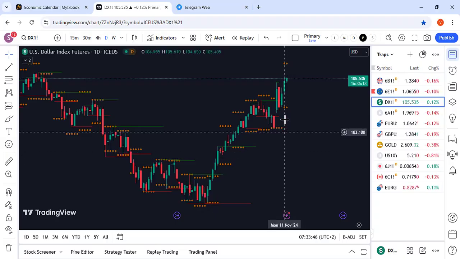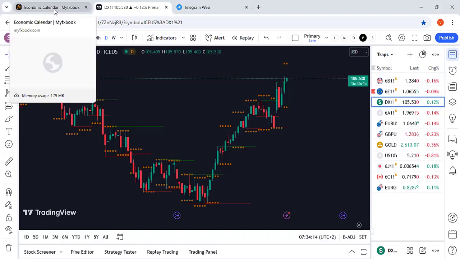We are expecting to sell, and we'll be waiting for them to take out Monday's highs, and then we'll start looking for opportunities to sell within the time that we are looking at, which is basically our Trade Experts European session, which starts shortly before the European session and ends with the London close.